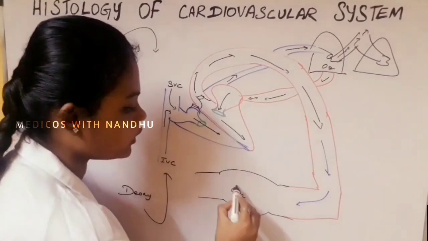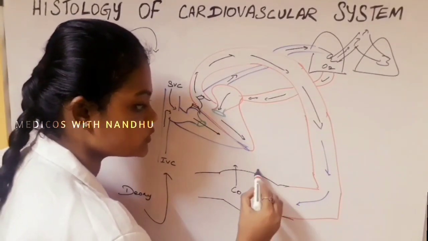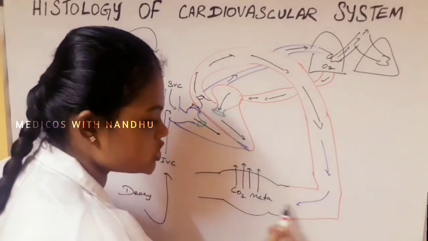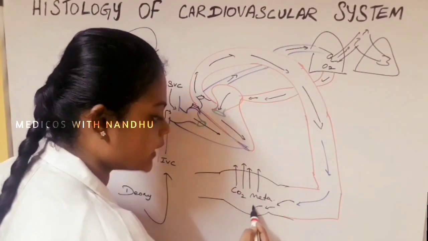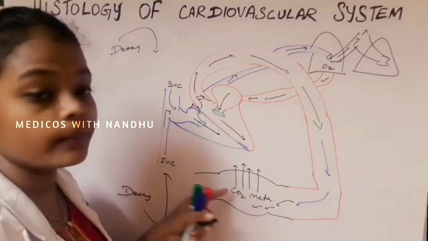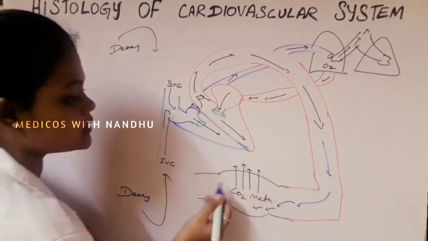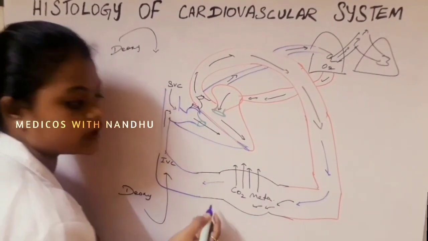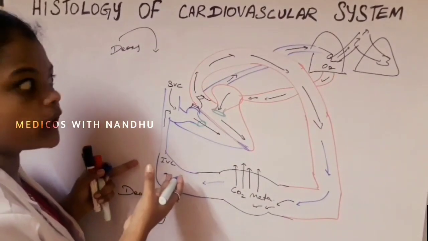Just remember that. So carbon dioxide and metabolic products are taken from the tissues. The oxygenated blood is delivered here, and the deoxygenated blood will be taken by the venous system. The venous system collects the deoxygenated blood with carbon dioxide and waste metabolism, which is collected by the inferior vena cava.